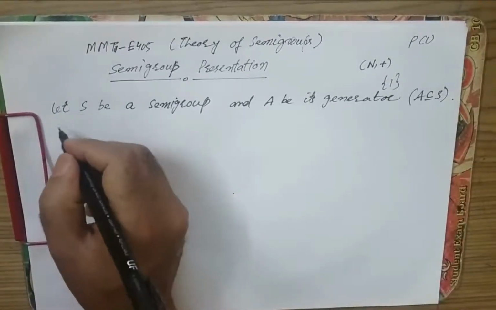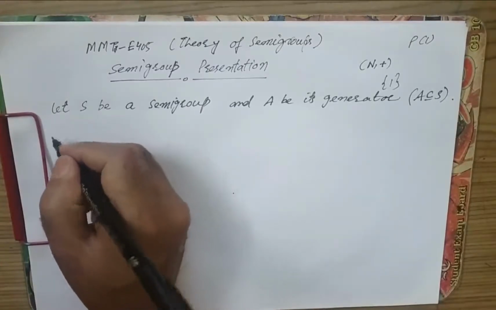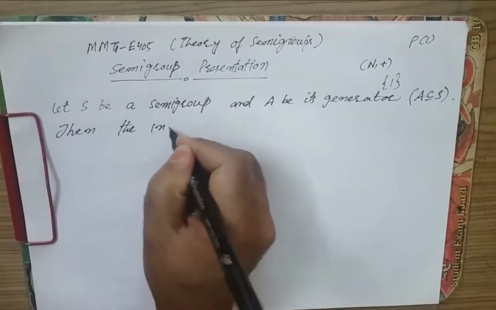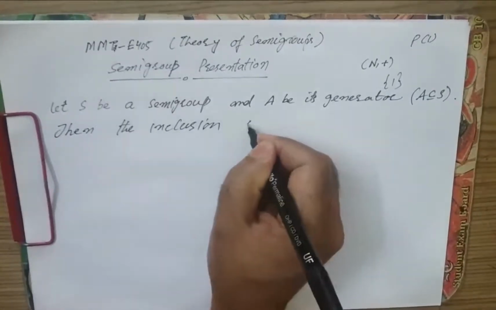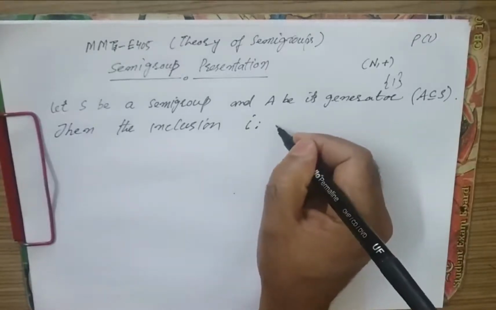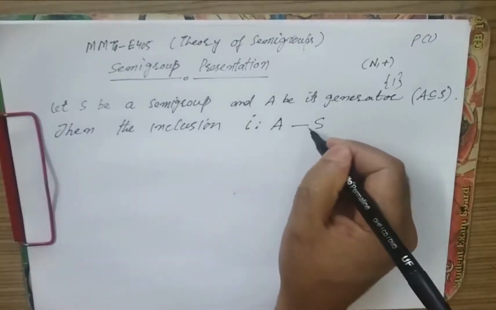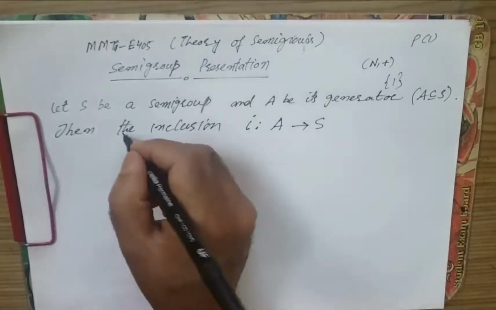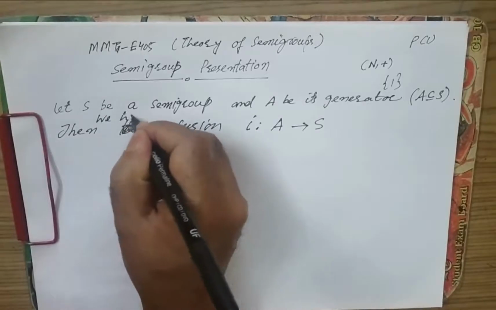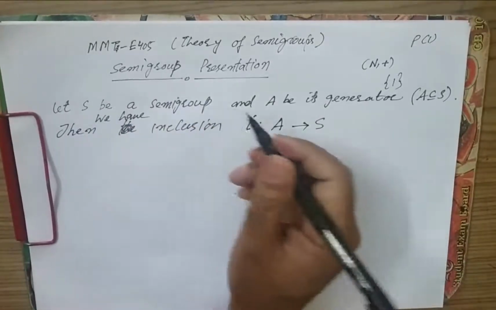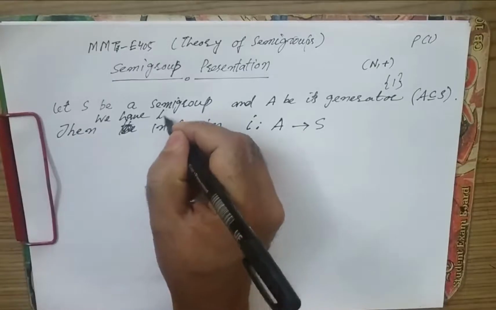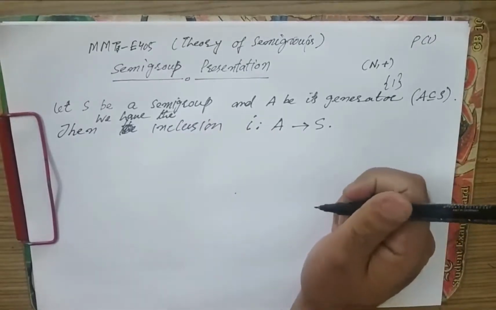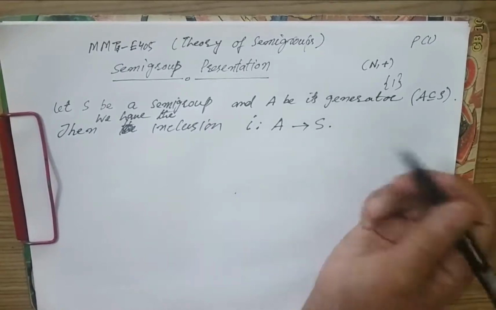Now let us define I, the inclusion map from A to S. So by definition of free semigroup, what's the definition of free semigroup actually?